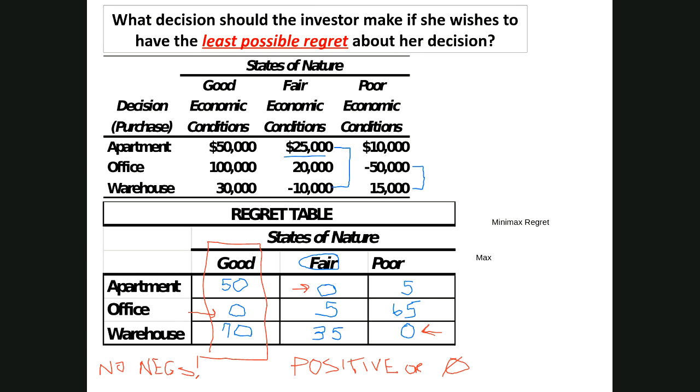For the apartment, the maximum regret is 50,000. For the office, the maximum regret is 65,000. And for the warehouse, the maximum regret is 70,000.